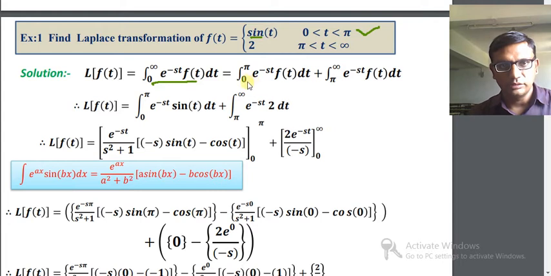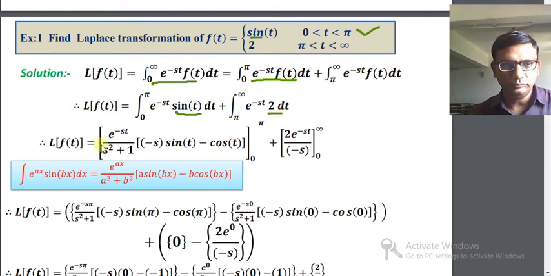So the first part of the integration is 0 to pi e raised to minus st f(t) dt, and then pi to infinity e raised to minus st f(t) dt. In the first part we are taking the function sin t, and in the second part we are taking the function 2. So our Laplace of f(t) becomes integral 0 to pi e raised to minus st sin t dt plus integral pi to infinity e raised to minus st times 2 dt.